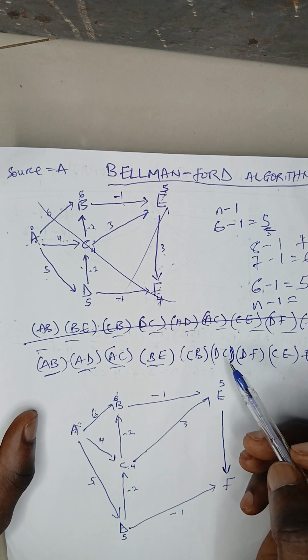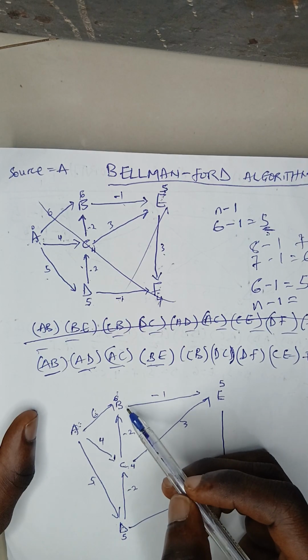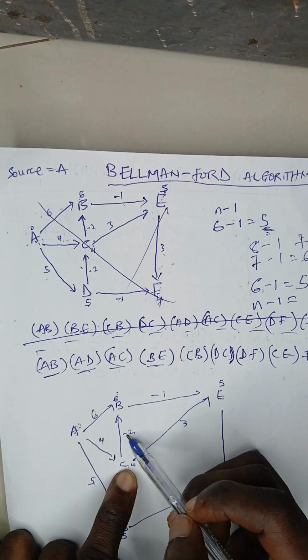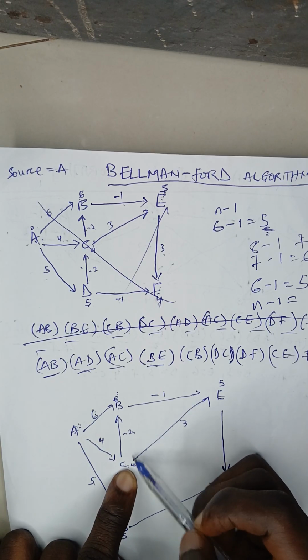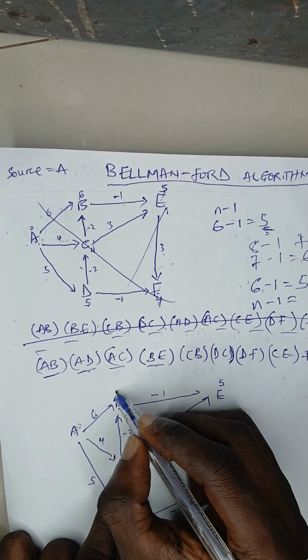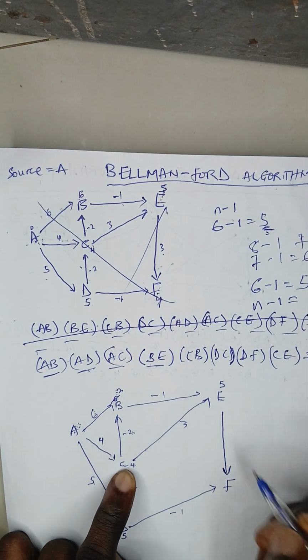CB. C is currently 4. 4 minus 2. 4 minus 2 will give us 2. So you update B.